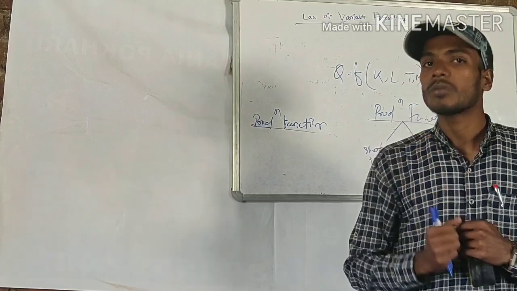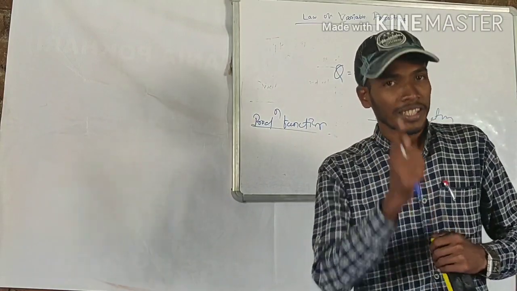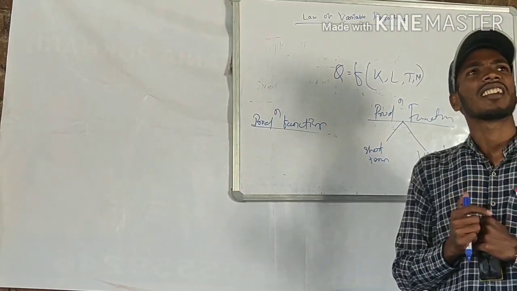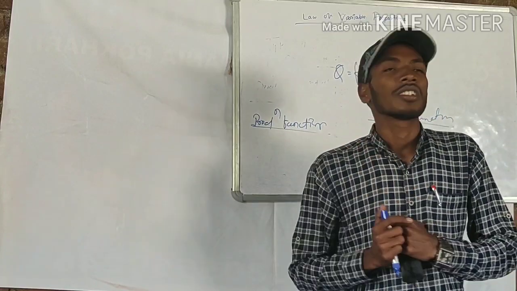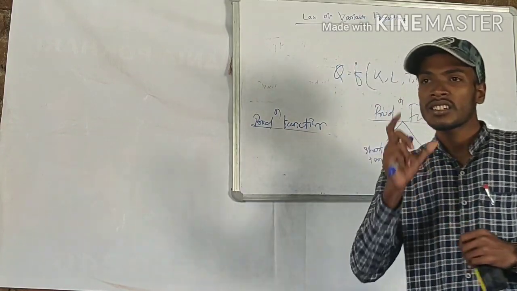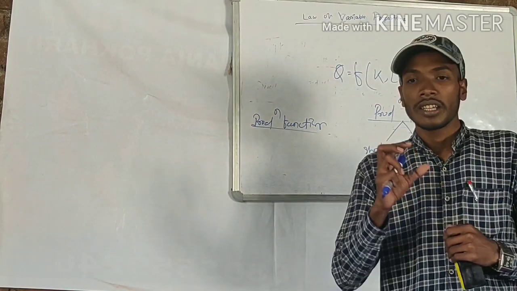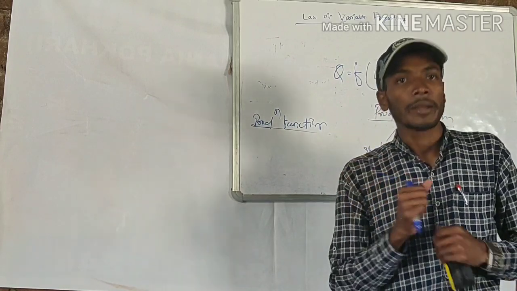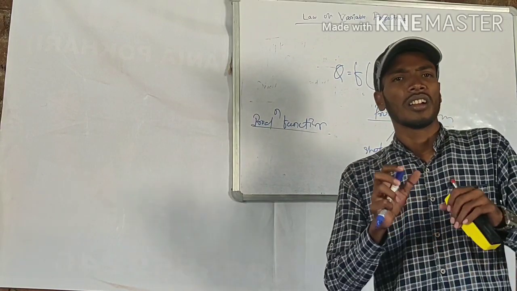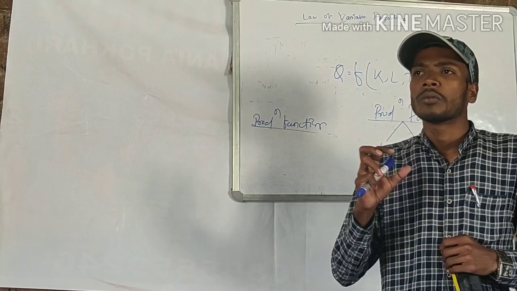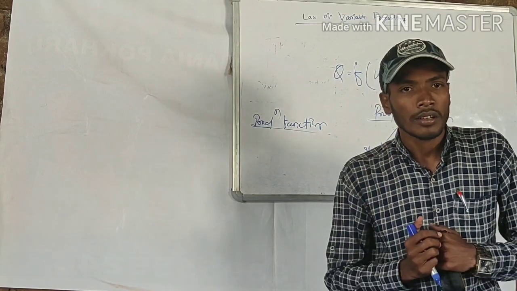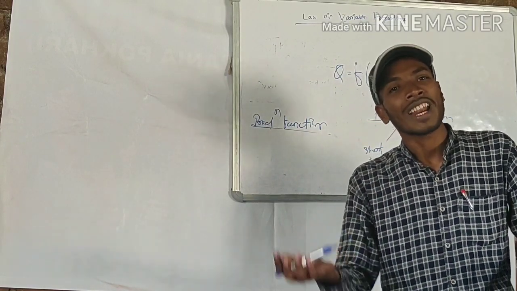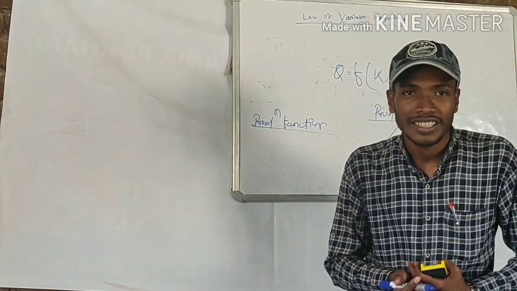If you ask me how this is possible, just see this. In the short run we are using some fixed factors, and a rational producer has one axiom, that is to earn profit.